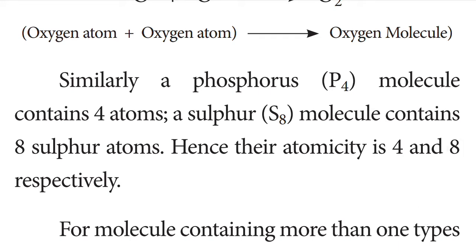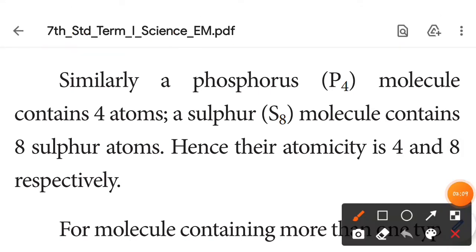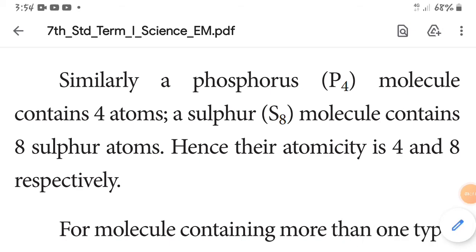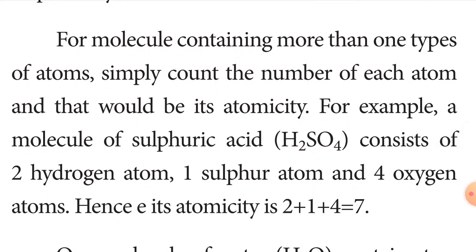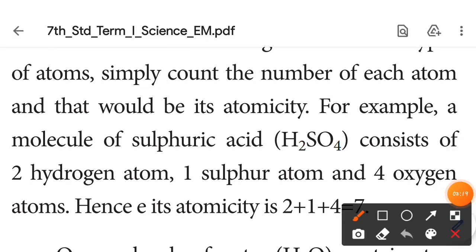Okay, now let's see the next example, molecules containing more than one kind of atom. For example, take sulfuric acid. You know sulfuric acid? Yes, H2SO4 is the best example of this. How many elements are present here, children?